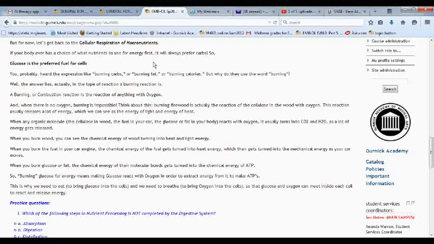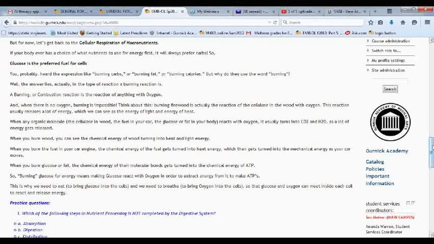So when you make wood react with oxygen, the wood burns. When you make glucose react with oxygen, the glucose burns. When you make oil react with oxygen, the oil burns. Okay, so a combustion reaction or burning reaction simply means a reaction of something with oxygen.